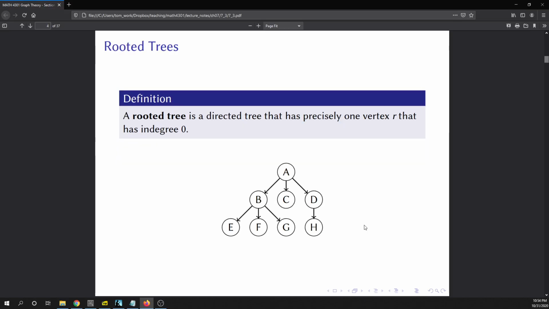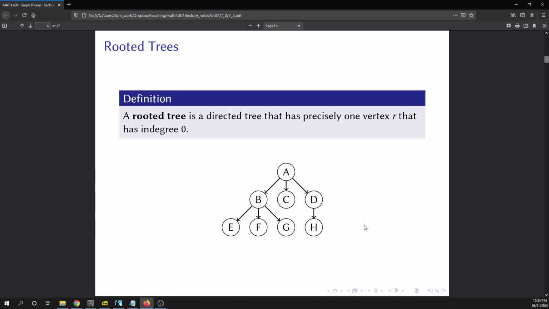All right, and the application that we want to take a look at in this video is rooted trees. So a rooted tree is a directed tree that has precisely one vertex R that has in degree 0. Okay, so no cycles.